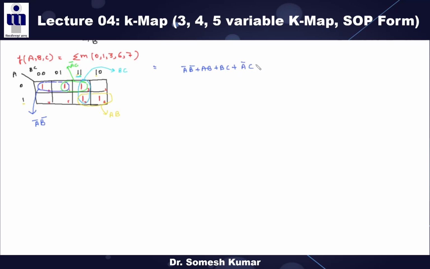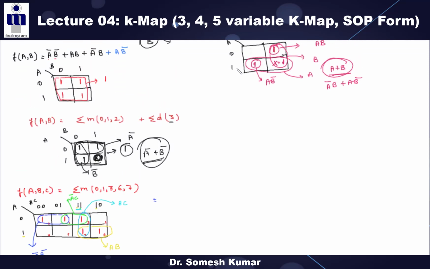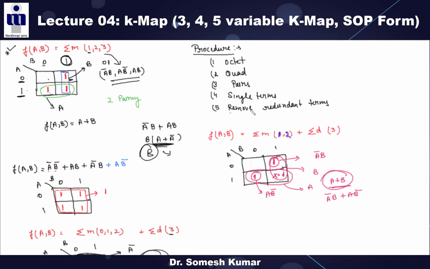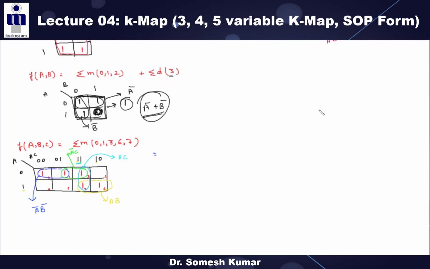This is the minimized function. Now, one more thing you have to remember here. So now forget about this thing, right? Now tell me, by seeing this Kmap also, the fifth step, which is the fifth step, remove the redundant terms, right? See, now see.